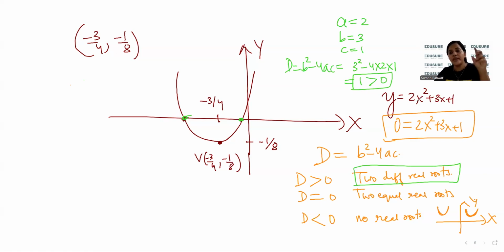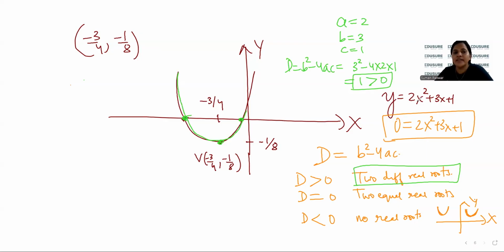So if you want to make an almost accurate diagram of a parabola, you can calculate the vertex from the given parabola. You can either convert into vertex form or use the concept that the vertex occurs at x equals minus b by 2a. Then you can find out the roots. So once you know the vertex and once you know two roots, you can easily draw a smooth parabola.